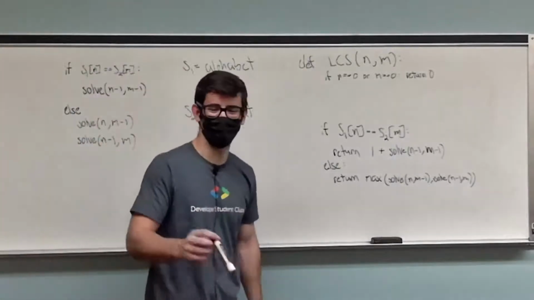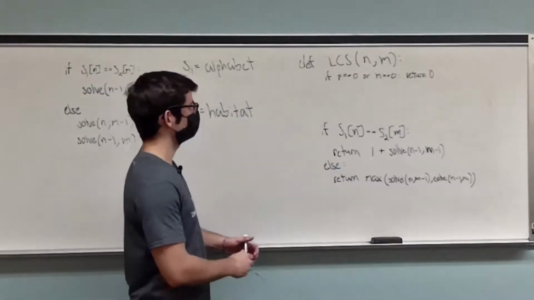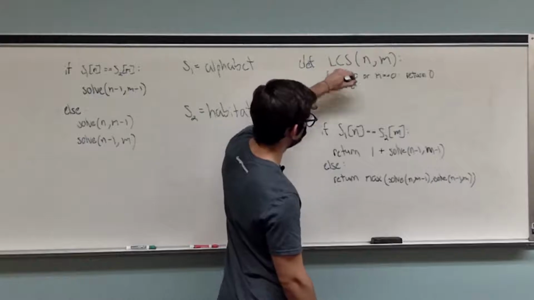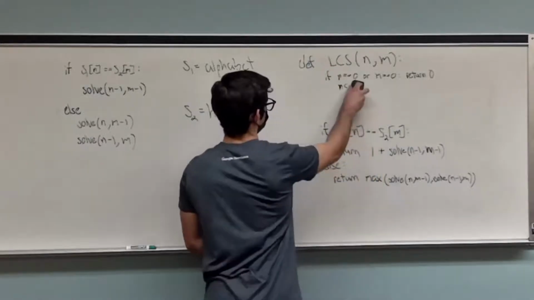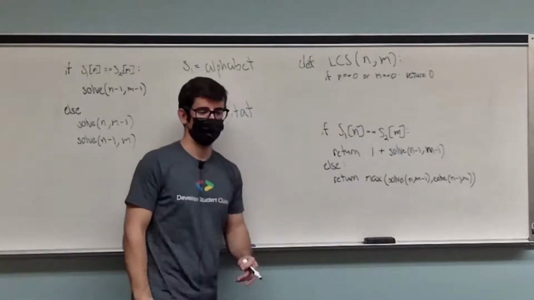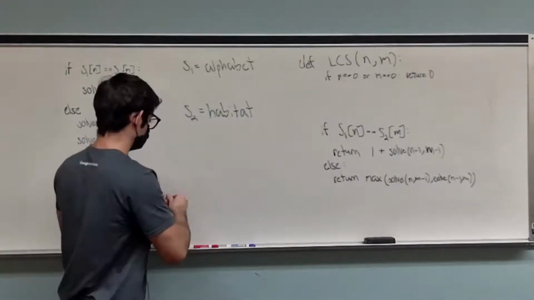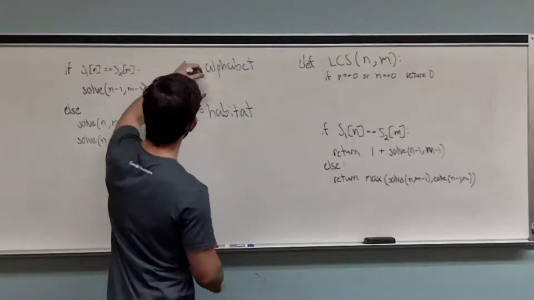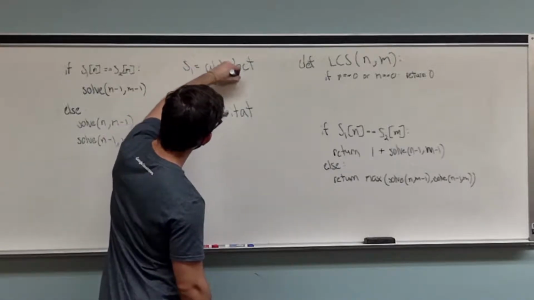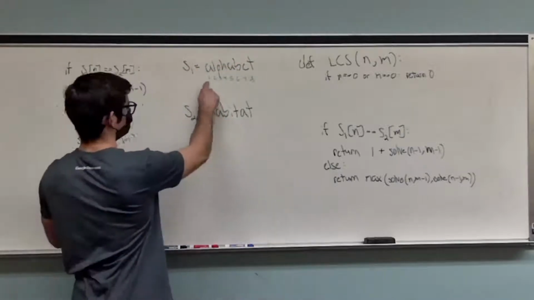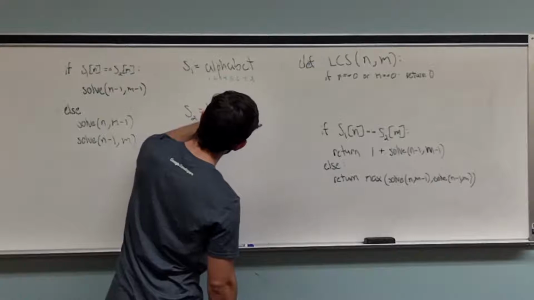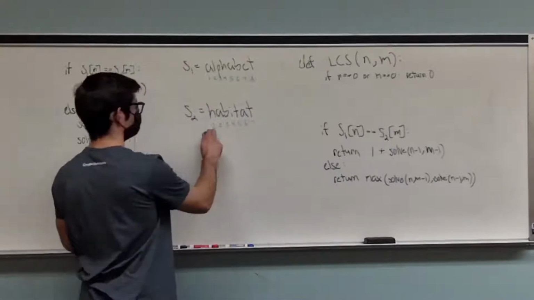When you're actually programming it, instead of n equal to 0, you might have to do if n is less than 0, or equal to -1. Well, we are starting at 1 in our string. Yeah, exactly.